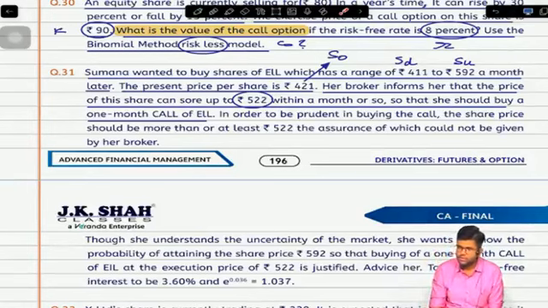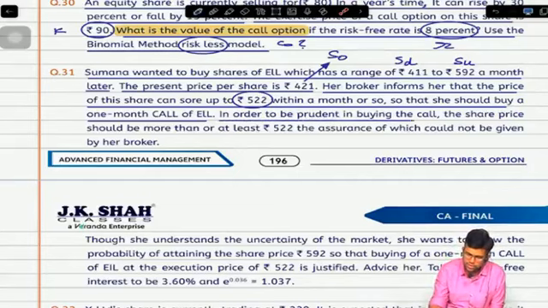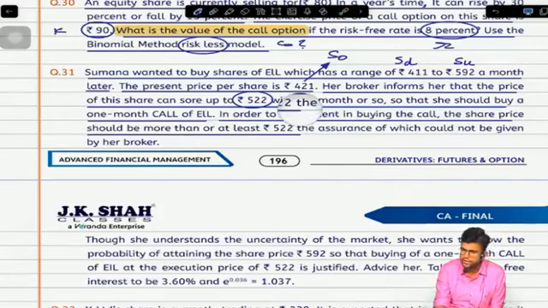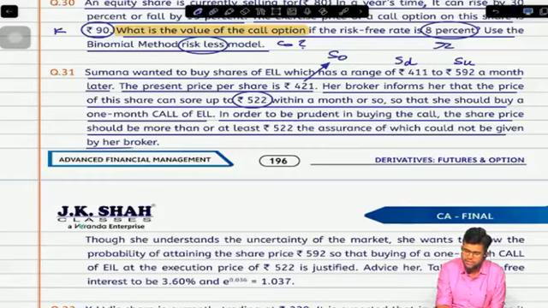Because the call option will become in the money when S1 is above K. So in order to be prudent in buying the call, the share price should be at least 522. S1 should at least cross K. Otherwise, what is the point in buying the call? But the assurance cannot be given by a broker because broker is not God. Who can give assurance for that?